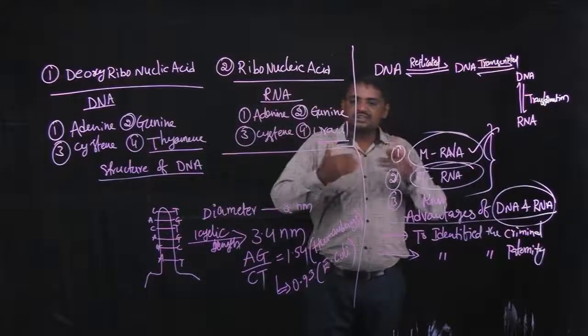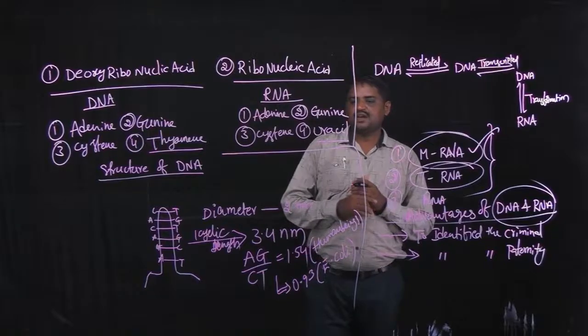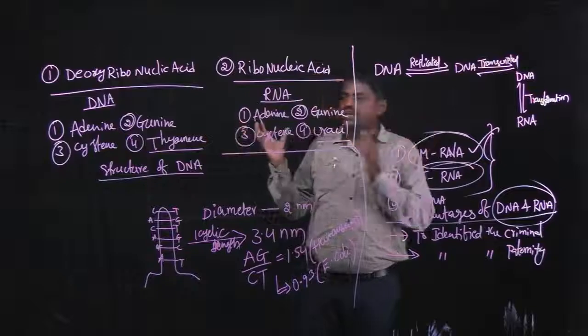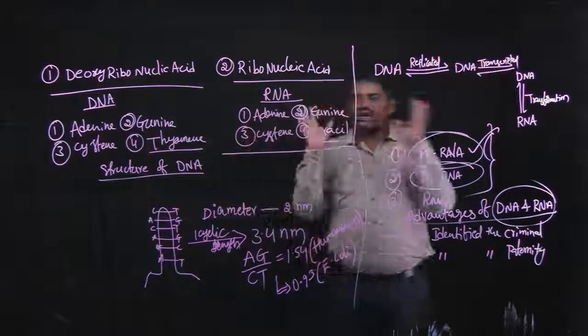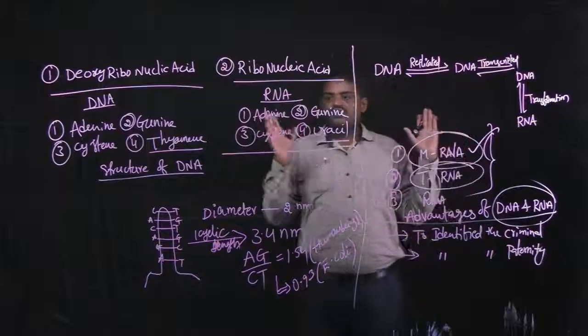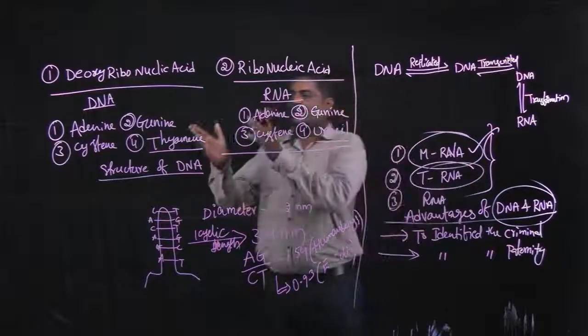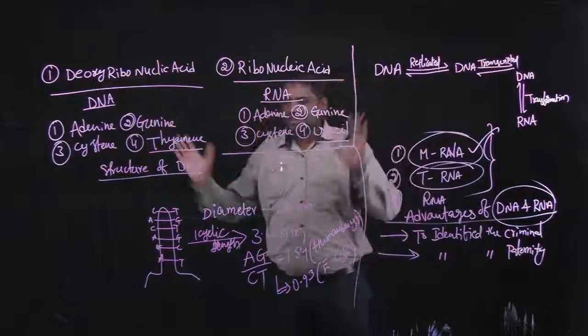These are the construction mechanisms for the formation of nucleic acids. And next I am going to discuss DNA and RNA. DNA contains four bases A, G, C, T, and RNA contains adenine, guanine, cytosine and uracil. The only difference is DNA contains thymine, RNA contains uracil, and the remaining bases are the same.